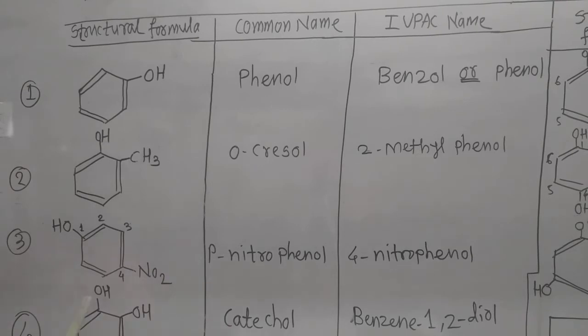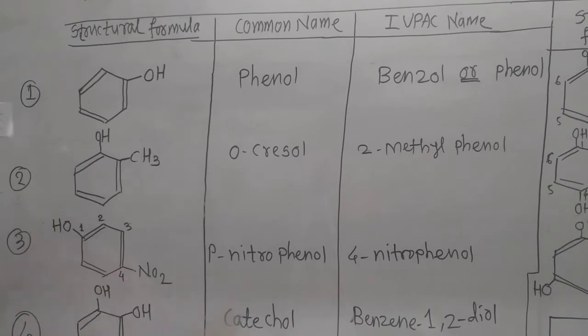Now come to the next. Here two OH groups are present, like the diol in alcohols. These are also diols, but these are aromatic diols. Commonly it is called catechol, but for the IUPAC name of such diols or triols, the word benzene is written completely.